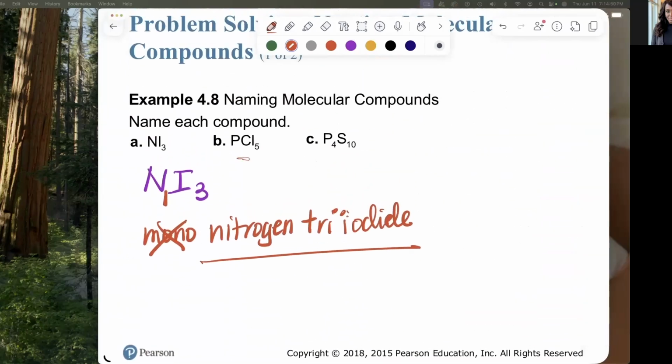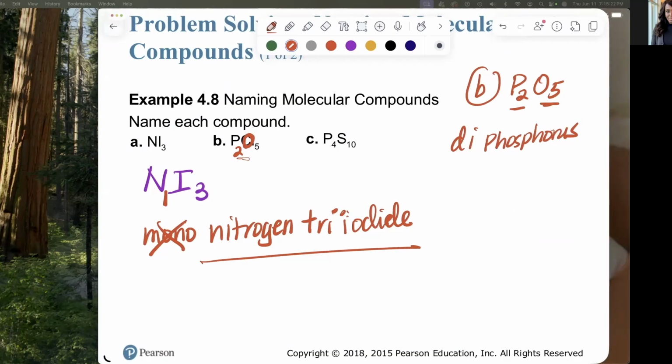We have this here. So what I want to try here is, let me do P2O5 for this one here. So this would be di because it's 2. Phosphorus. 2 phosphoruses.